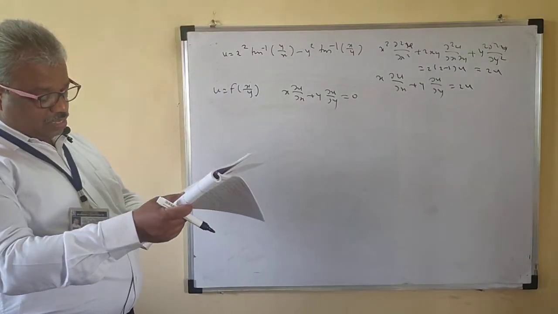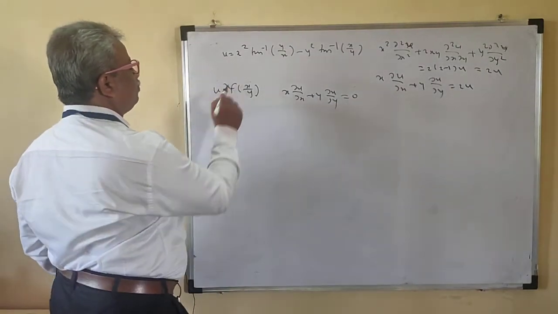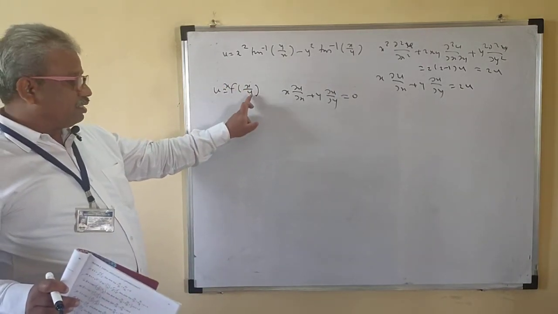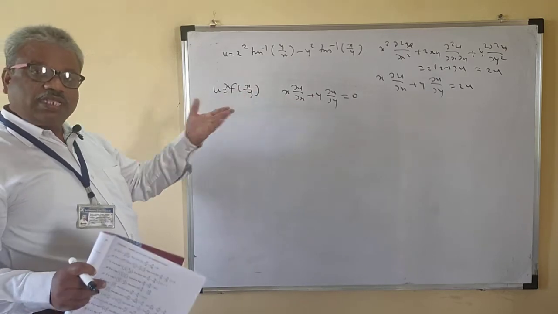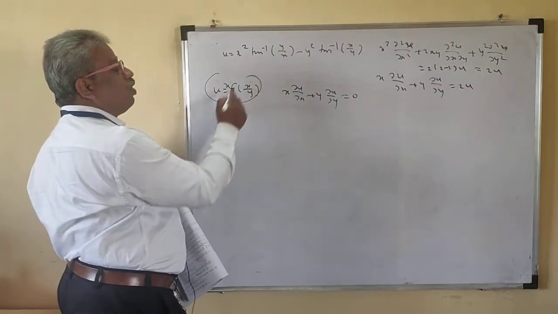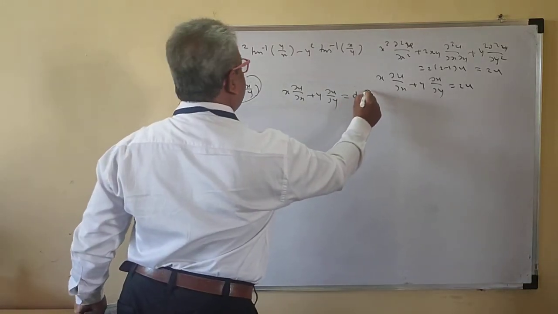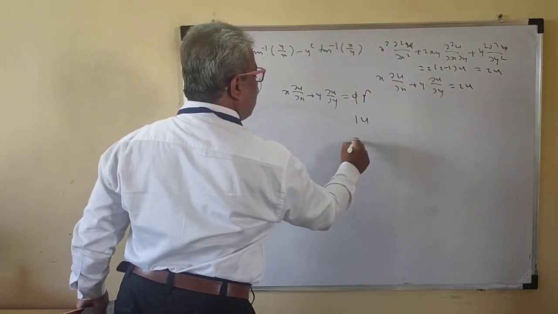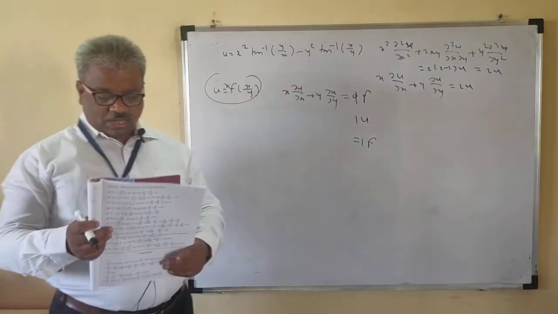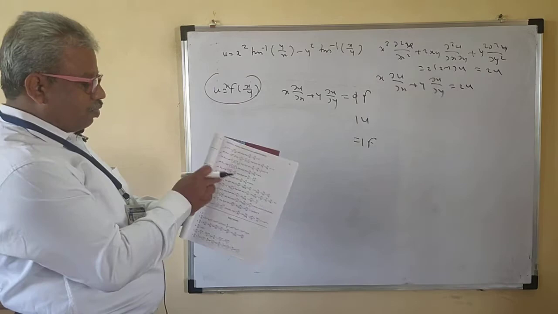Now suppose x times f(x/y): then tx, t gets cancelled only inside, and t remains outside, so this is a homogeneous function of degree 1. So 1 times f, that is u or f, whatever the answer, u or f. Anything is okay.